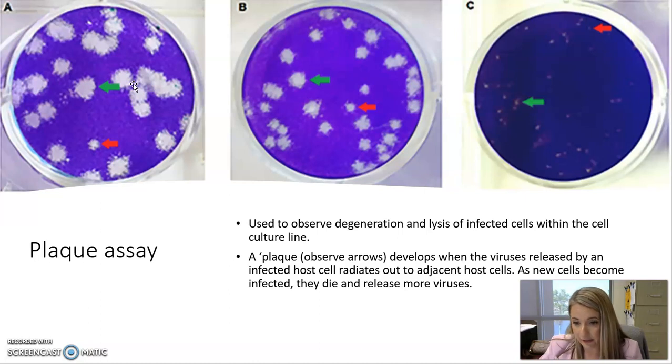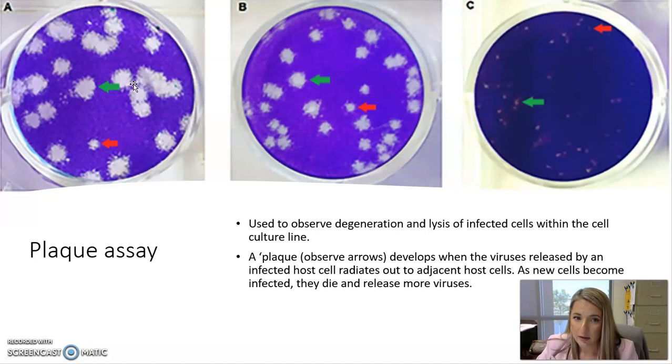That means that virus was able to infect the cell. Ultimately, it was able to replicate inside of that cell, produce more viruses that were released into additional cells, and then destroy those cells. So these big white areas that we're seeing, these plaques, if you will, are areas where the cells have been destroyed, which is telling us that whatever virus we put in here is able to infect and destroy human cells.